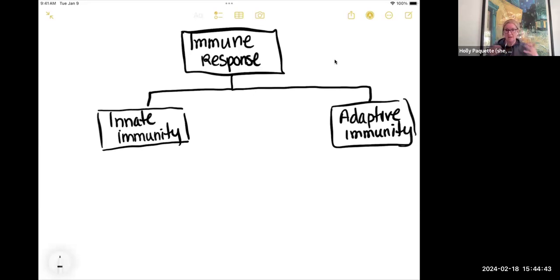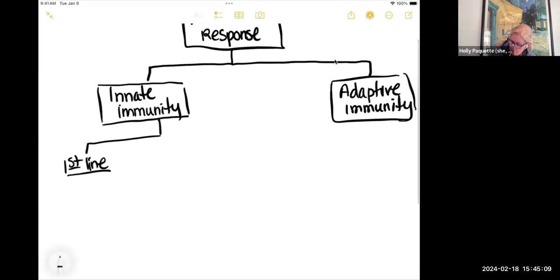We can divide this into 3 lines of defense, meaning that as a virus comes into your body, we hope our first line of defense stops it. If it doesn't, we have our second line of defense that's ready to take over. And ultimately, we have our third line if that's needed as well. So with the innate immunity, the first thing we have is what I would call our first line of defense, and our first line of defense would be what we call barrier defenses.